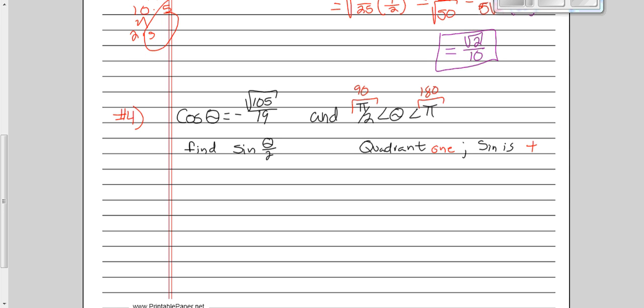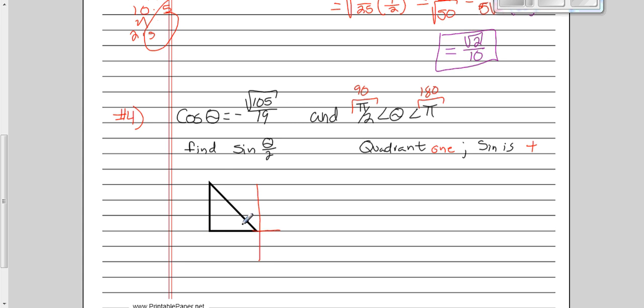Okay. Now once again, I gotta use a triangle, so I'm going to get my triangle out, and I'm looking at cosine theta, which I know is in quadrant 2. So my angle is going to look like that. Once again, if you need to draw in your x and y axes, there it is. That was bad. I'm going to do that again.